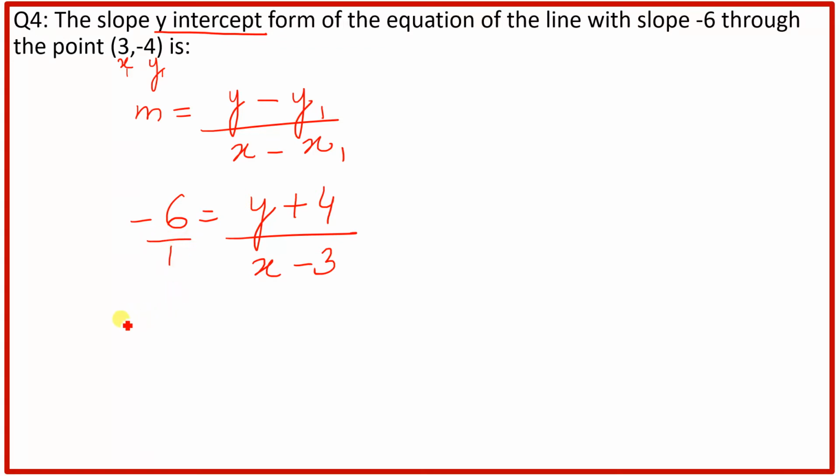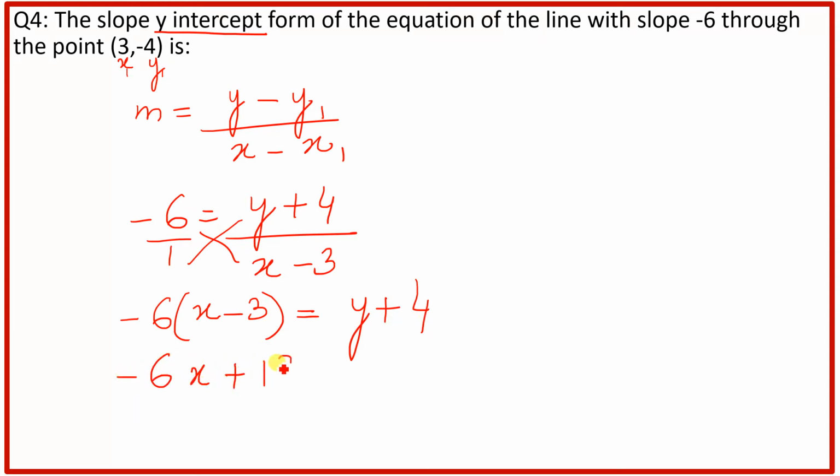Now cross multiply: -6 multiplied by (x - 3) is equal to y plus 4. If you want, you can write 1, but it does not make any difference, because it will remain the same.